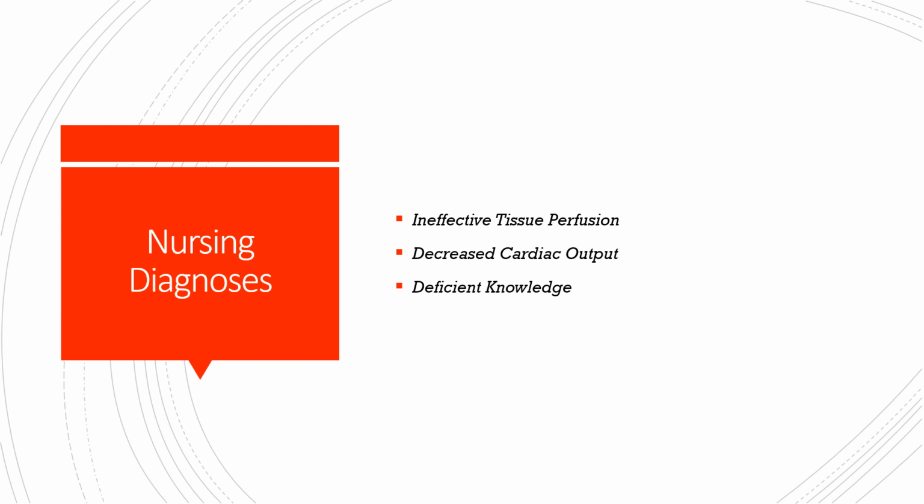Laboratory tests that are most likely to be obtained with shock are arterial blood gases, blood chemistries, blood typing and cross match, because there's hemorrhage, internal or external, cardiac isoenzymes, complete blood count, partial thromboplastin time, and prothrombin time, serum lactate, which will identify sepsis, and that would be equal to or more than 4 as the lab value, and serum osmolarity, and urinalysis.